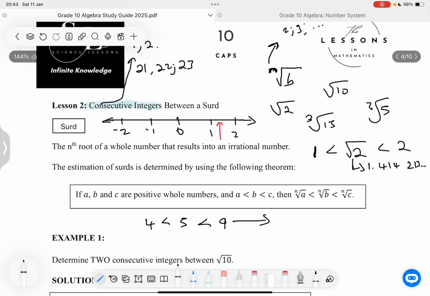I'm going to use a simple one like 2. So I'm going to take the square root of 4 here, right? This square root should be less than the square root of 5, and the square root of 5 should be less than the square root of 9.